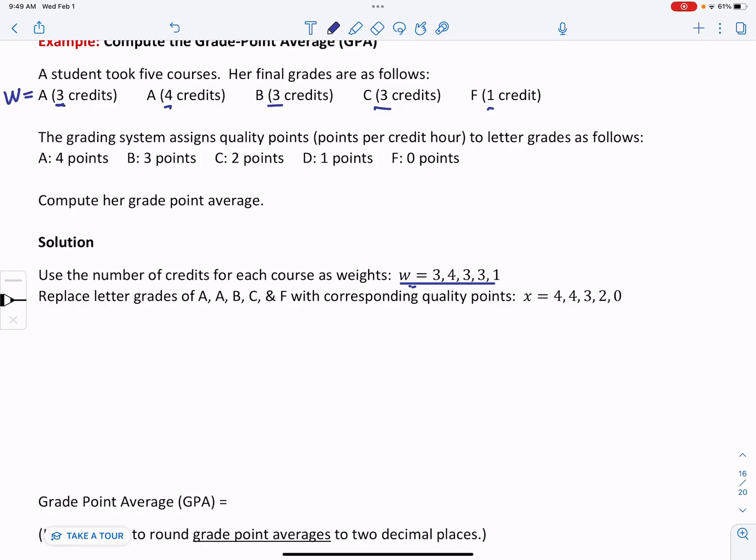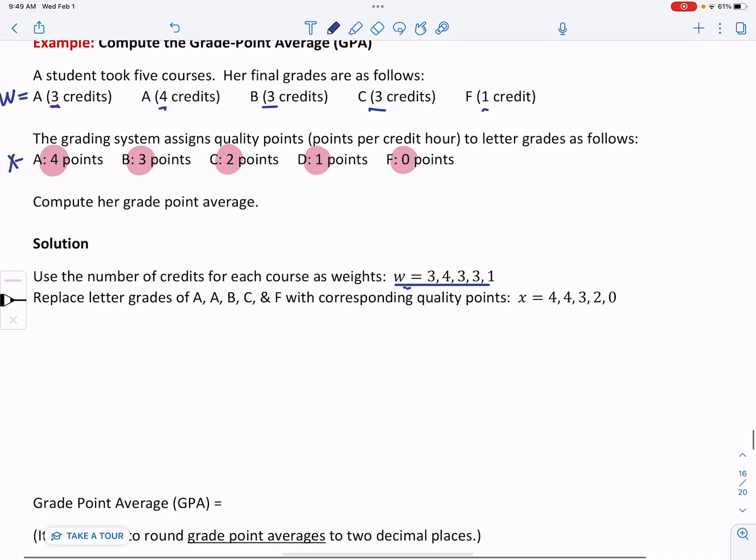And then instead of using the A, the B, the C, the D, and the F, those don't mean a whole lot as far as our calculations go. We are going to substitute 4 for the A, 3 for the B, 2 for the C, 1 for the D, and 0 for the F. All of those will become our X values.